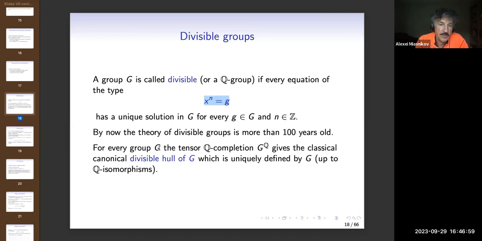For every group G, the tensor Q-completion that we defined gives precisely the canonical divisible hull of G, which is uniquely defined by G up to Q-isomorphism, and it was known for some groups for a long time. So it's natural because it appeared here a long time ago. Nothing new here.